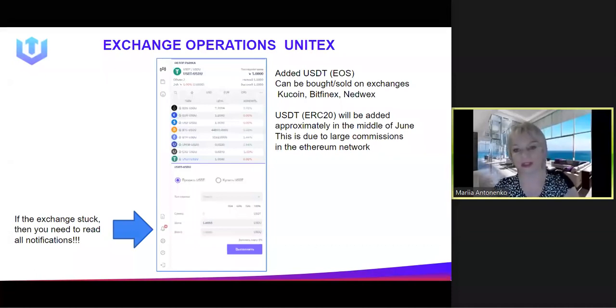Bitfinex requires verification. I myself submitted the documents for verification on the 6th of May. So people who complain that on UnitEx it takes a lot of time for verification, guys, Bitfinex, one of the major American exchanges with quite a lot of experience, did not simply ask for my foreign passport.